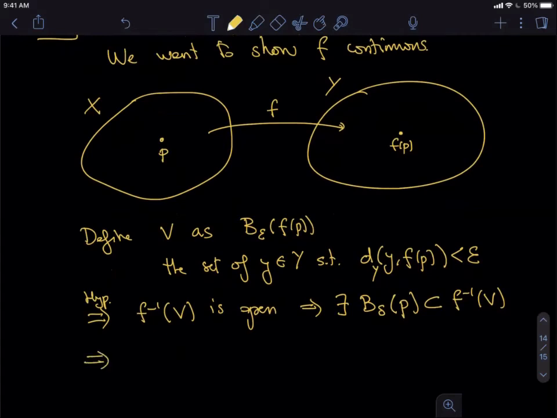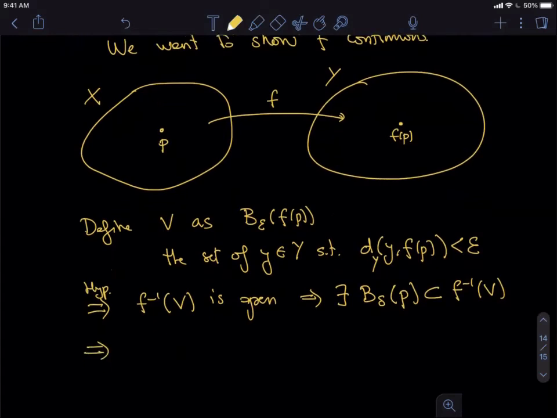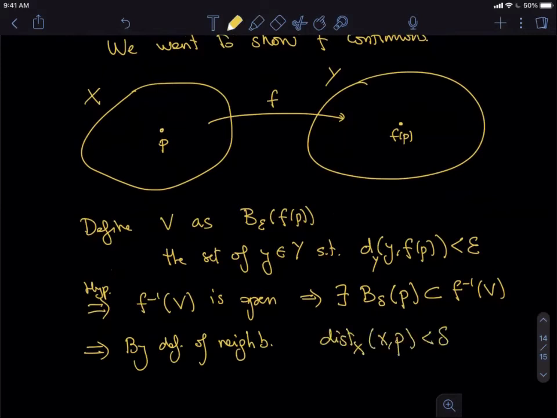But then by definition of open neighborhood, here what we have is the distance between x and p less than delta.